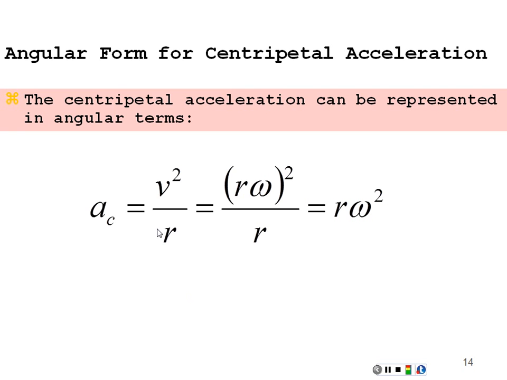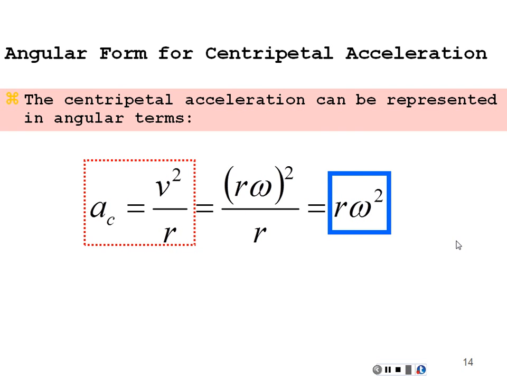Our centripetal acceleration is our linear velocity squared over the radius, but since our linear velocity is equal to the radius times the angular velocity, we have r omega squared over r. One of the r's will cancel out, and so we could express equivalently the centripetal acceleration as being the radius times the angular velocity squared. And we might choose to do this later on. That concludes our first short lecture in Chapter 10 dealing with rotational motion.